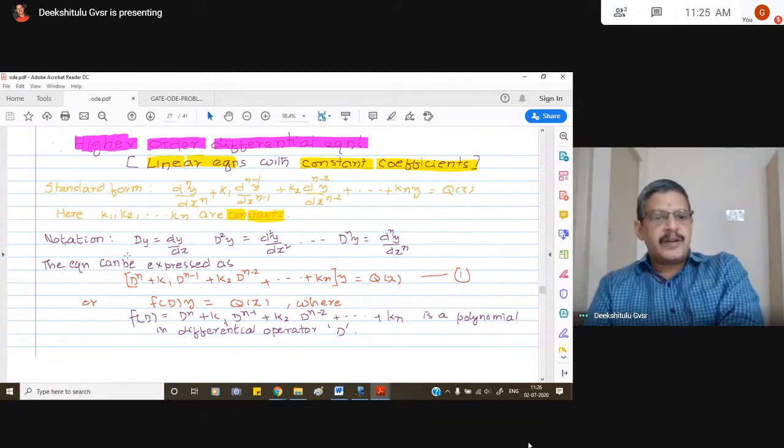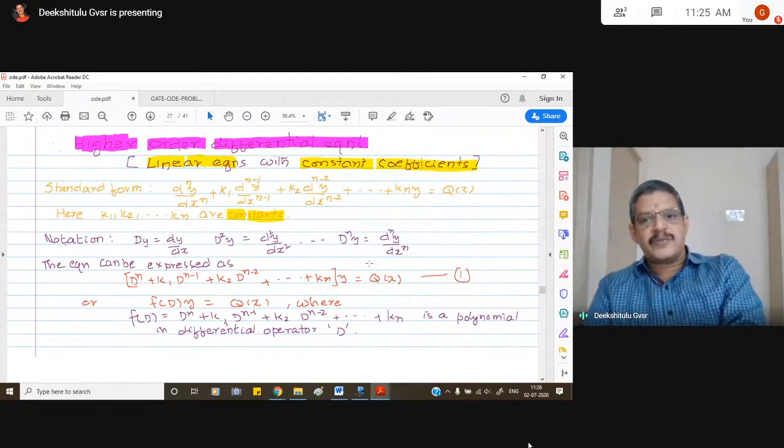The general notation that we follow is D stands for d/dx, D²y is d²y/dx², Dⁿy is dⁿy/dxⁿ, the nth derivative. Then this equation can be expressed as Dⁿ, the nth derivative, plus k1 Dⁿ⁻¹, and so on. The last one is kn y equal to Q(x).